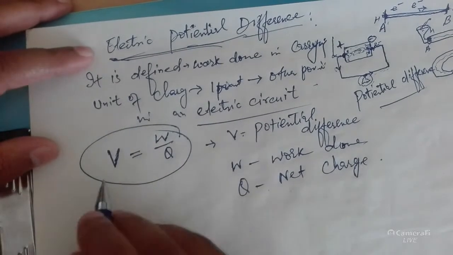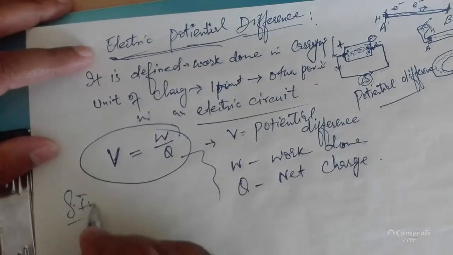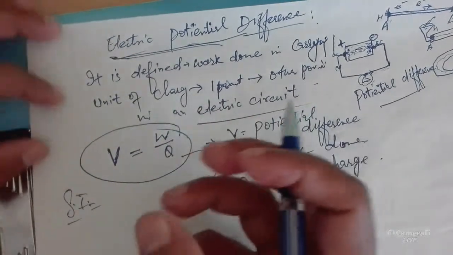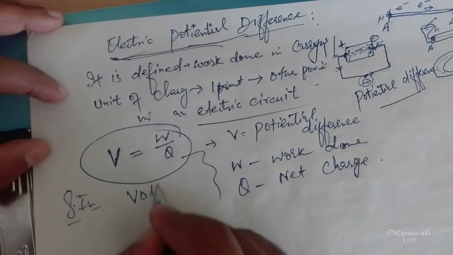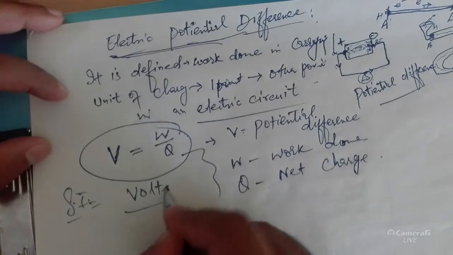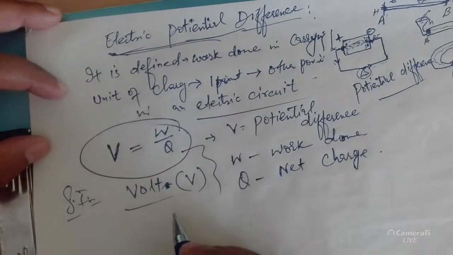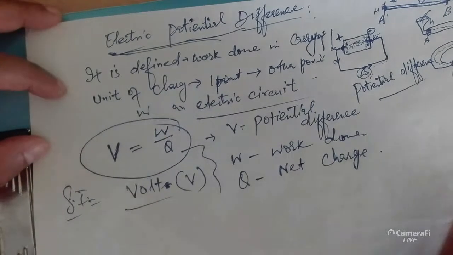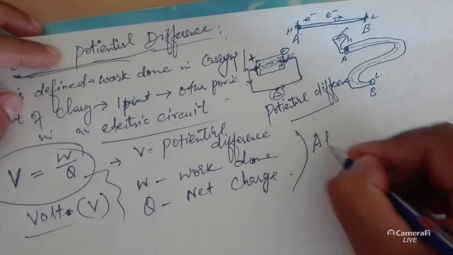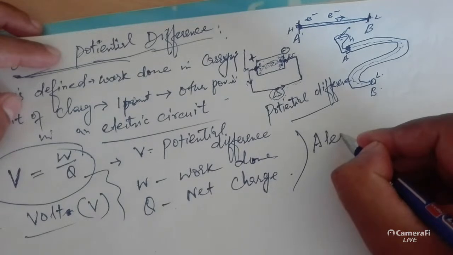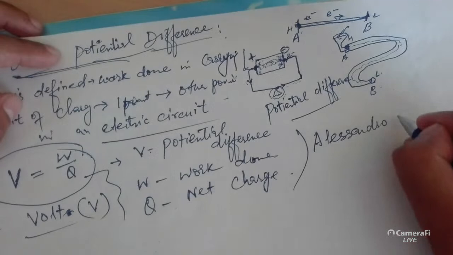Since it is a quantity, we should know the international system of units. What is the unit for this? The SI unit for potential difference is volt, V-O-L-T, defined by V. It was named after its inventor or discoverer, Alessandro Volta.